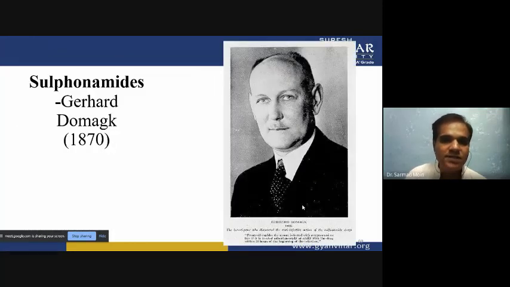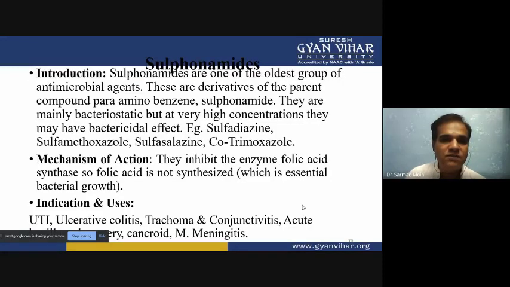Now sulfonamide. Sulfonamides are another type of antibiotic, discovered by Gerhard Domagk in the 1930s. Sulfonamides are one of the oldest antimicrobial agents, and they are derivatives of the parent compound para-aminobenzene sulfonamide.